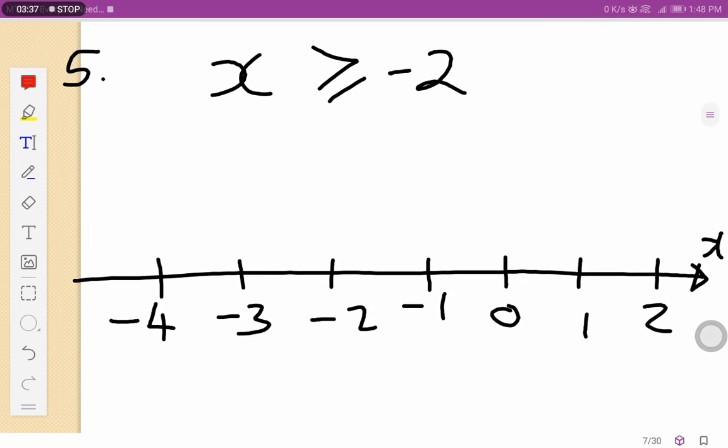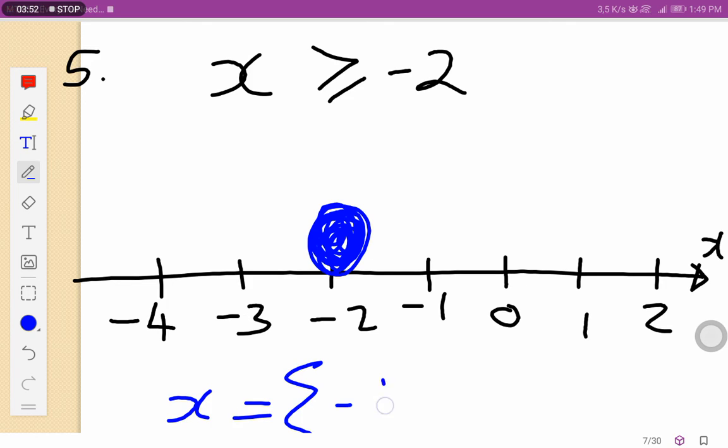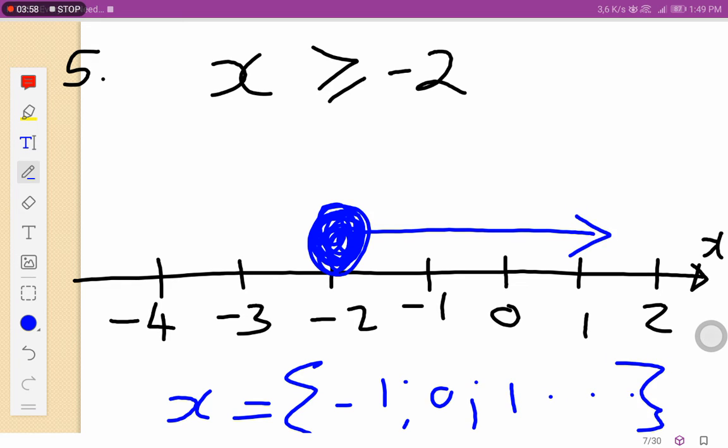X is greater than -2. I'll go to -2. I will shade again because of that greater or equal to sign. Then when I'm there, x is greater than -2. So x is going to take the values -1, 0, 1, and so on, going up there. So the arrow is going to go that direction.